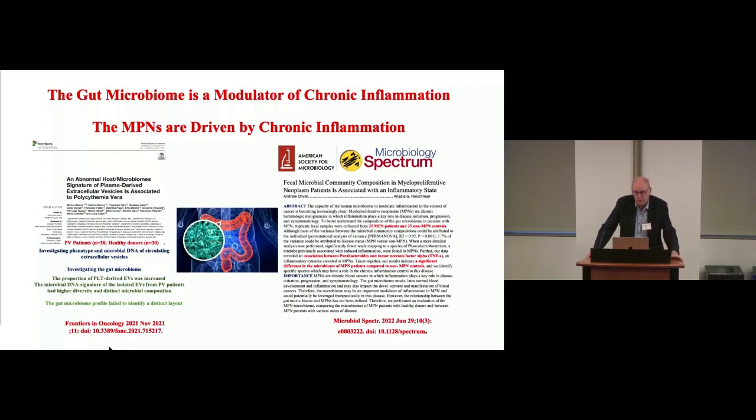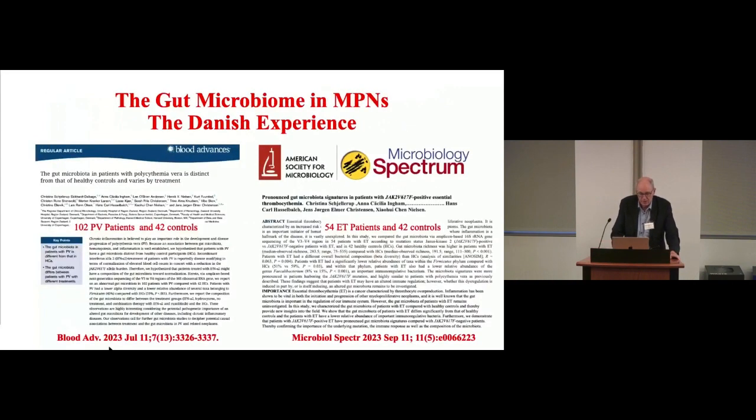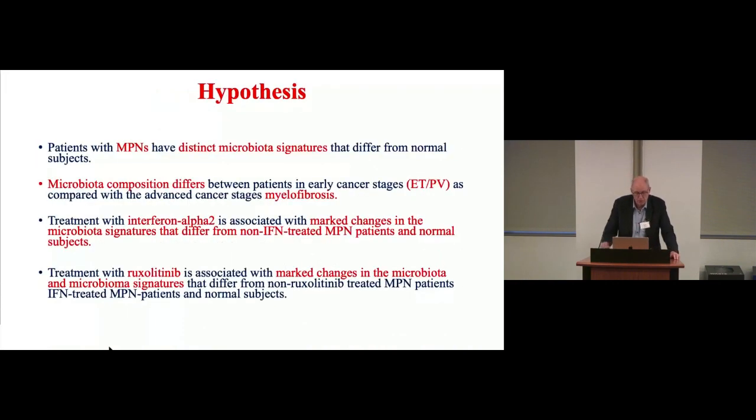Angela showed in a smaller series of patients that these patients might have an altered microbiome, and we then continued this in our patients, where we published in Blood Advances on 102 PV patients and 42 controls, and also in Microbiology Spectrum on 45 ET patients, and then also the latest one on myelofibrosis patients.